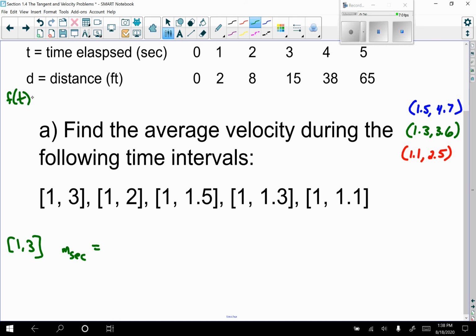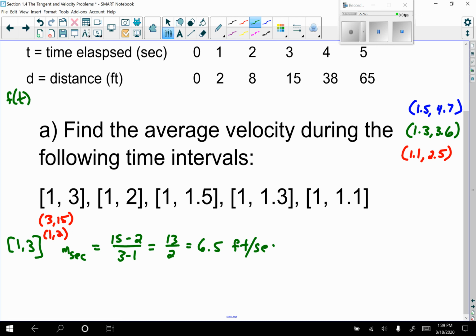So I want to start with 15, and then from the 1 is going to be 2. So this becomes 15 minus 2, because these are the points I'm looking at here. We have 3, 15, and then we have 1, 2. So I want to find the slope of the line that goes through these 2 points. So 15 minus 2 over 3 minus 1. That gives me 13 over 2, which is 6.5, and this would be given to us in feet per second.